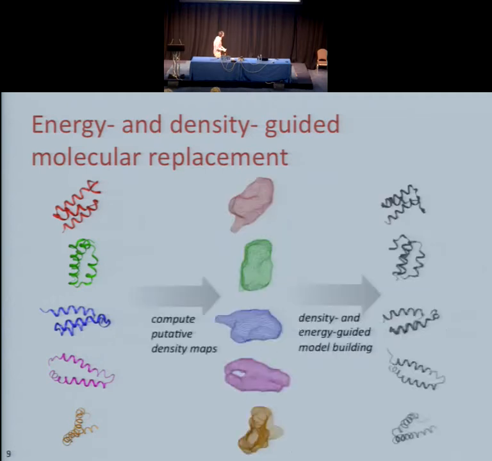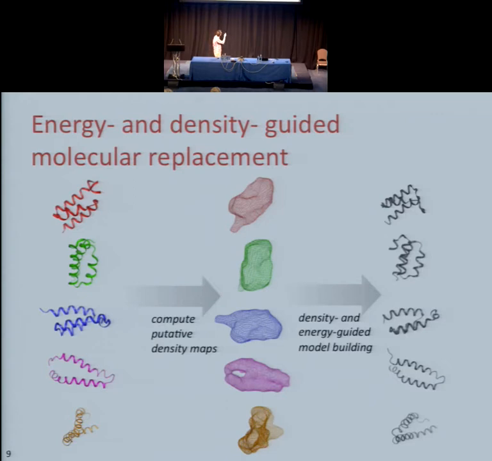And so the way we do this is as follows. For each of these solutions, we assume that they're correct. We use them to phase the data and compute this putative density map. Of course, for all the solutions that are incorrect, this map will be junk. But for the correct solution, although it'll be really noisy, it at least contains some information. Then we perform rebuilding and refinement of these template structures into the corresponding density maps in Rosetta, and I'll talk about that in a second.